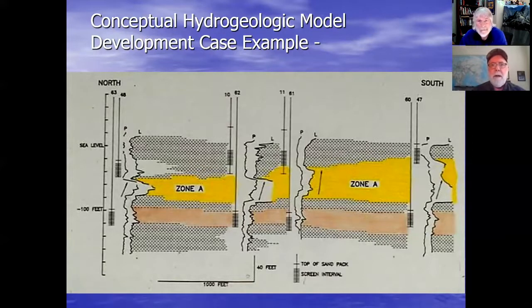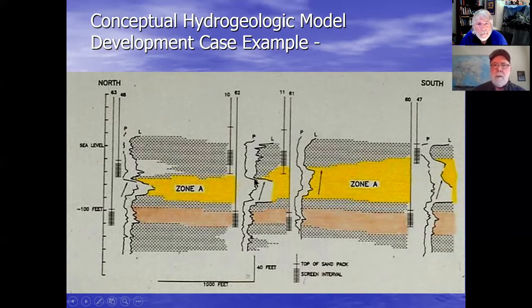And what we had here was a site where there was a stacked channel sequence. There were gravels, which is shown as zone A here on this cross section. And you'll notice if you look at those logs, they are single point resistance and lateral resistivity logs. And when you look at zone A, you see this sharp base, and then you see increasing resistivity towards the top, and then a relatively sharp top.